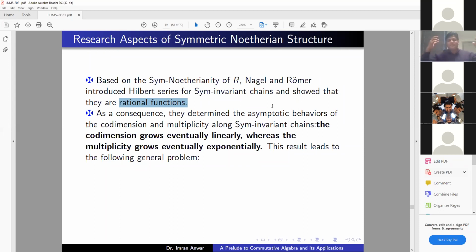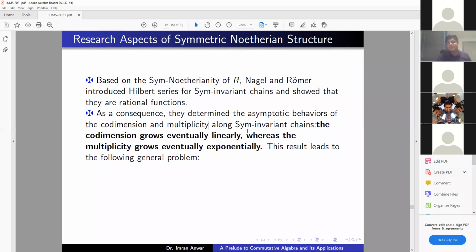Then p of t, the polynomial appearing in the numerator, satisfies p(1) is not equal to 0. When you replace t with 1, it will never give you a 0. Whatever you get when you put t equal to 1 in the polynomial appearing in the rational function of the Hilbert series, that particular number is called the multiplicity. Once they fix this, they jumped into this particular problem.